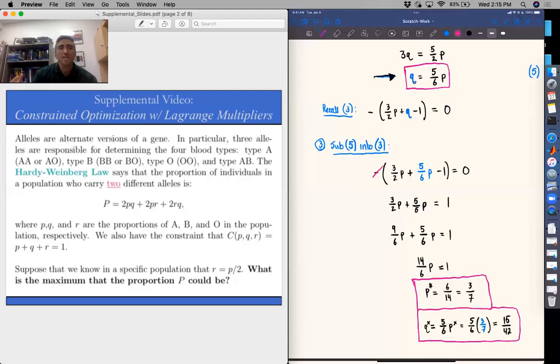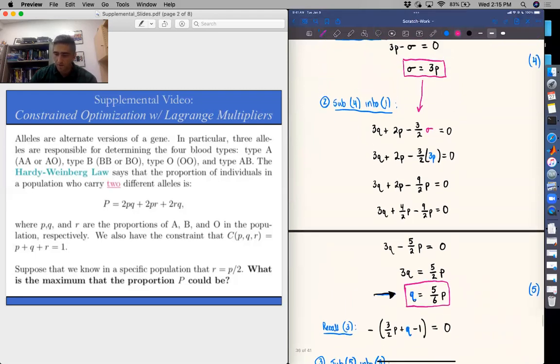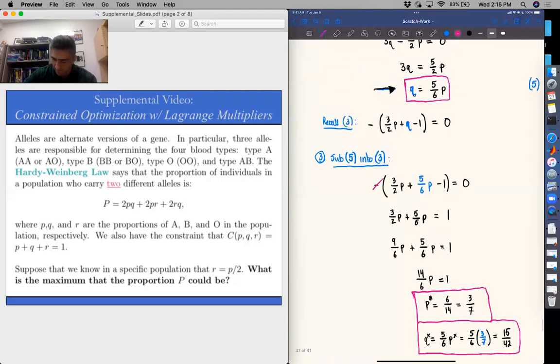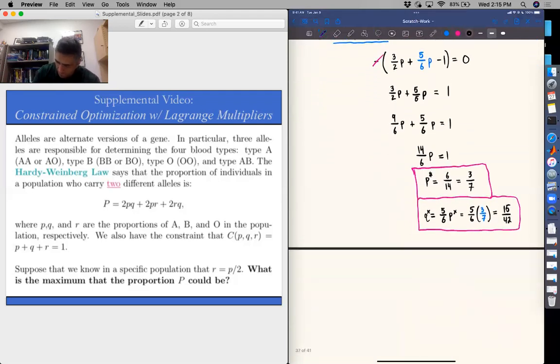And finally, the last thing we need is the value of our Lagrange multiplier sigma, which if we scroll back even further, from equation 4, we know that sigma is actually just equal to 3 times p. So I'll call it sigma star. That's equal to 3 times p, which we found to be 3/7. So there is our candidate solution for this constrained optimization problem.